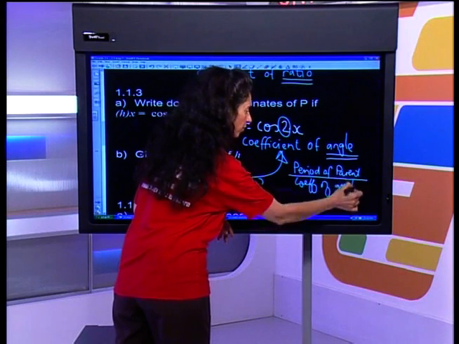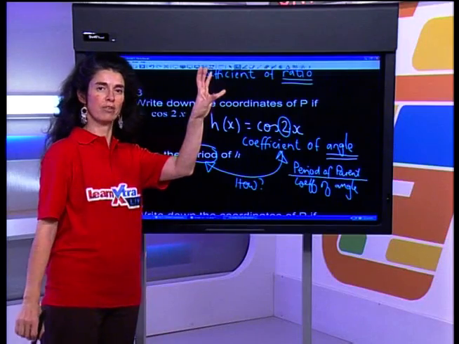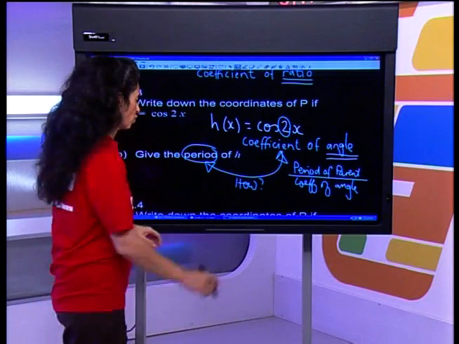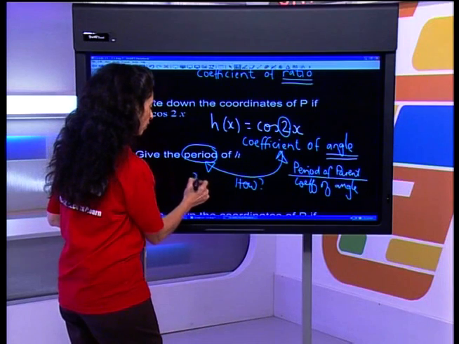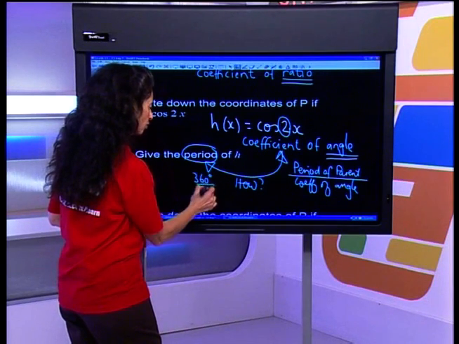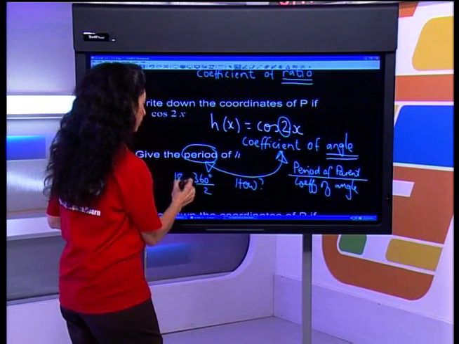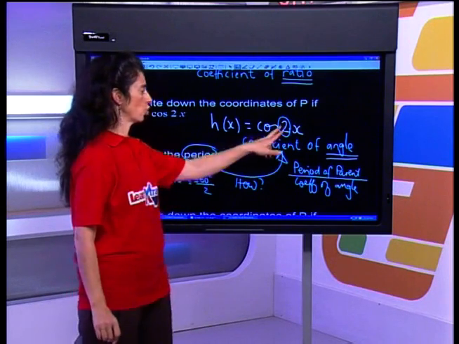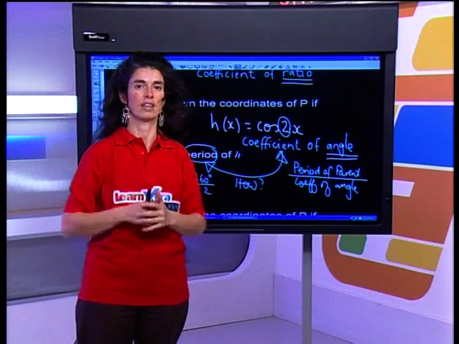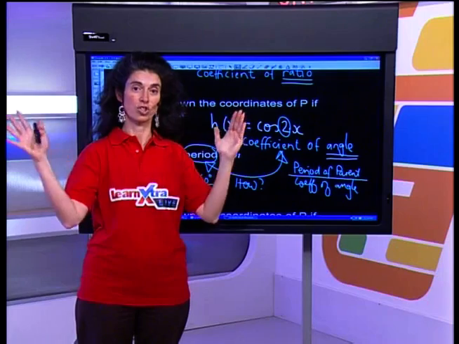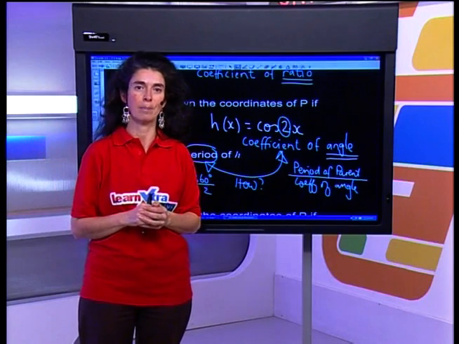That's standard. If you want to work out the new period, what's the period of the parent? Divided by the coefficient. So in this case, it would be 360 divided by 2, which means it's 180. Another way of checking is to make sure that there are 2 cycles in that 360 degrees. So we just compress everything, make it happen a little earlier.